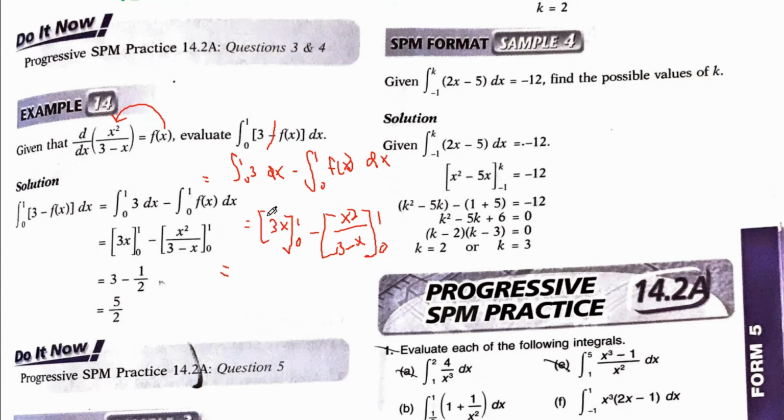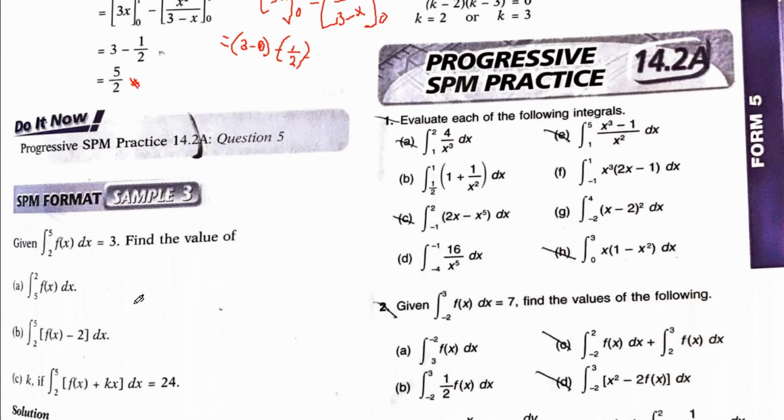So here you will have 3 minus 0, substituting in 0, minus, substituting in 1, you have 1 over 3 minus 1, which is 2, minus 0. So 3 minus 1 over 2, you will have 5 over 2.